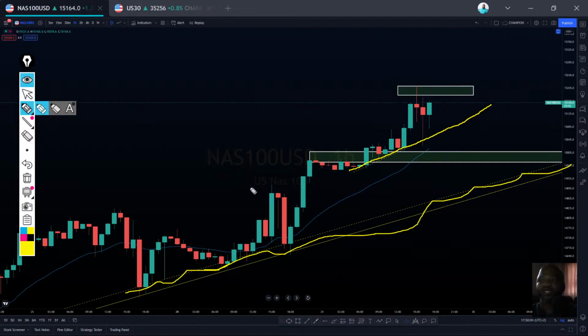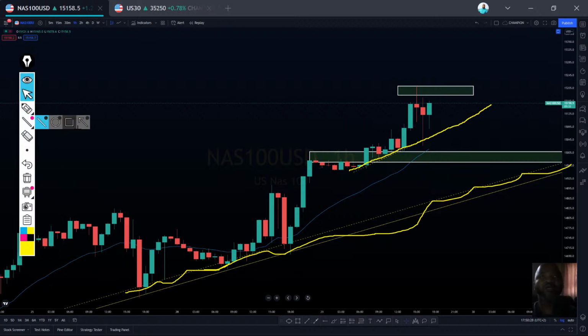When I look at my time, it's 10 minutes to 18:00 South African time, and when you look at New York time, it's 10 minutes to midday in New York.